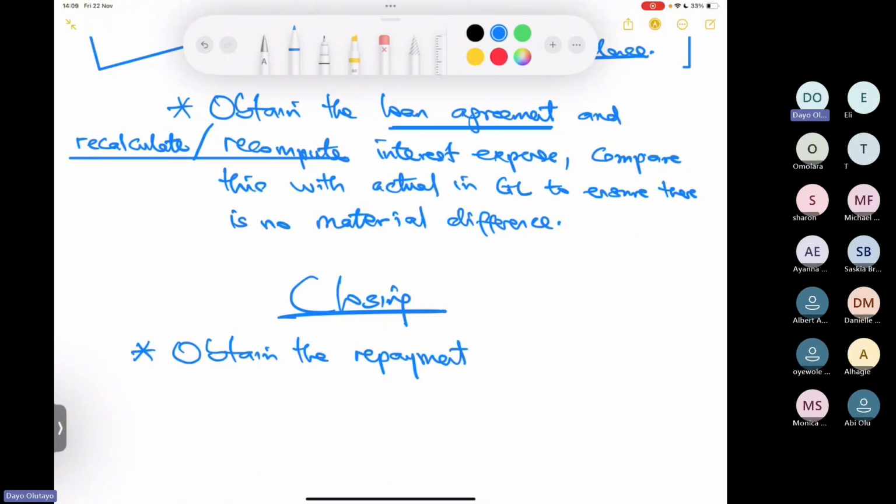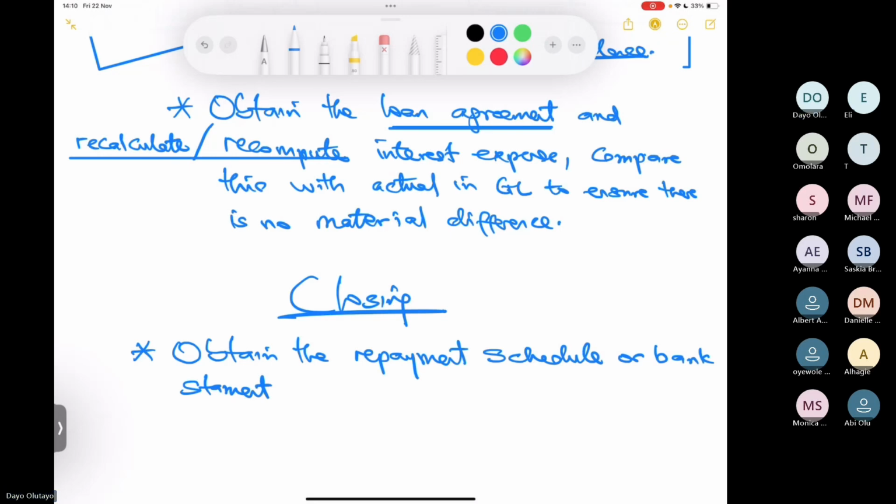If you have loans, you will know that. The same way you get your bank statement, you get your loan statement. So obtain repayment schedule or bank statement. It's not only your bank balance you get a bank statement for, your loan balance as well. The bank will send you your statement every month.